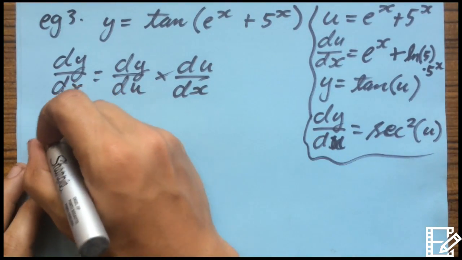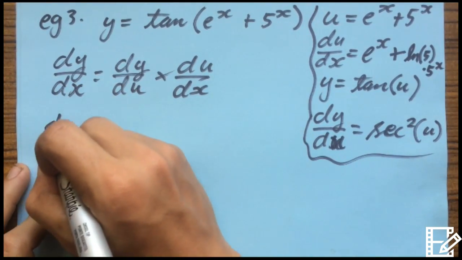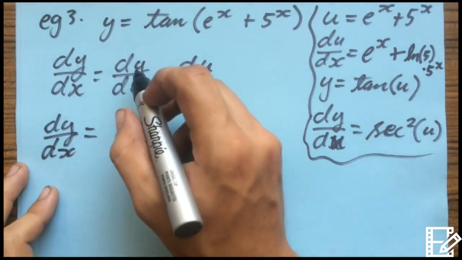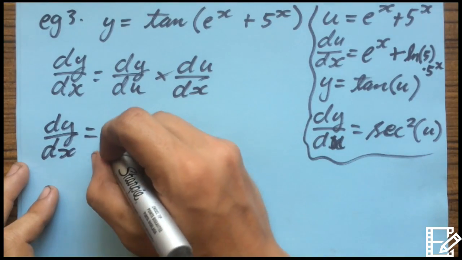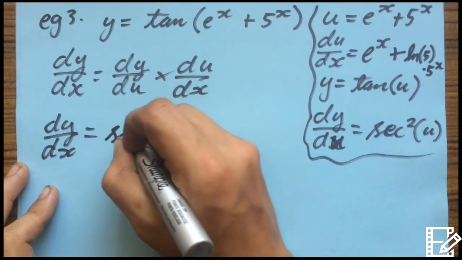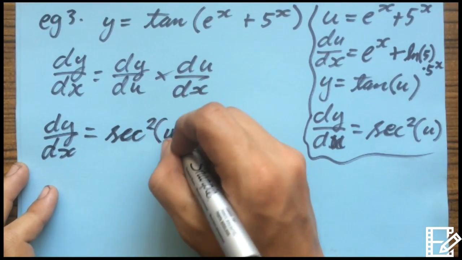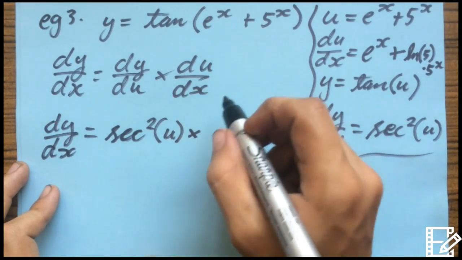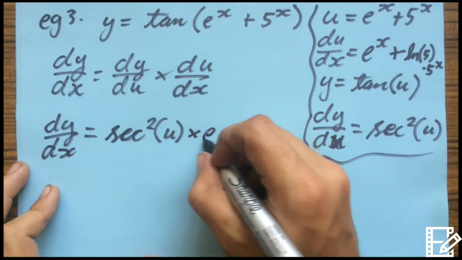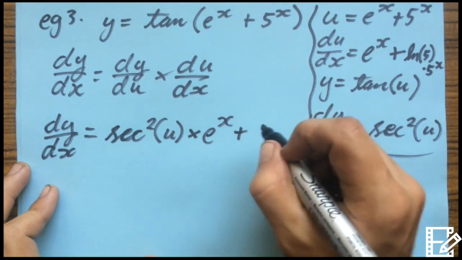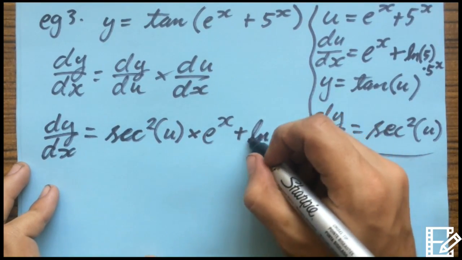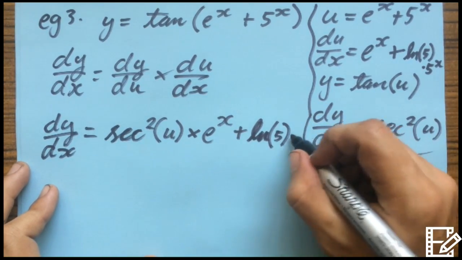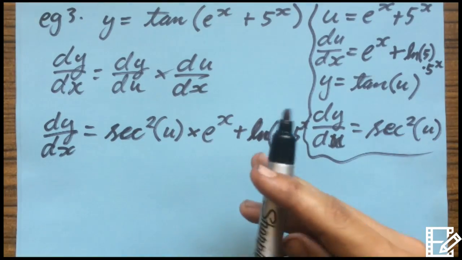So if we rewrite this out, derivative of y with respect to u, sec squared u, multiplied by the derivative of u with respect to x, e to the power of x plus ln 5 multiplied by 5^x. This pen's running out.